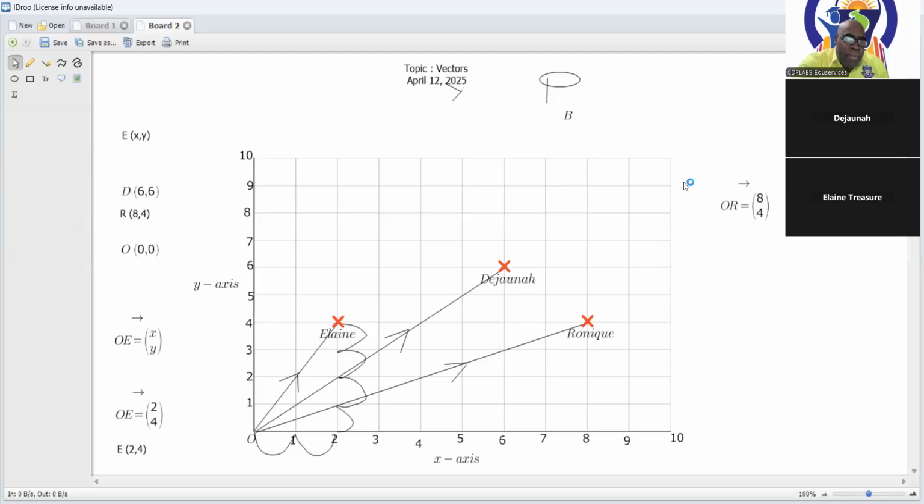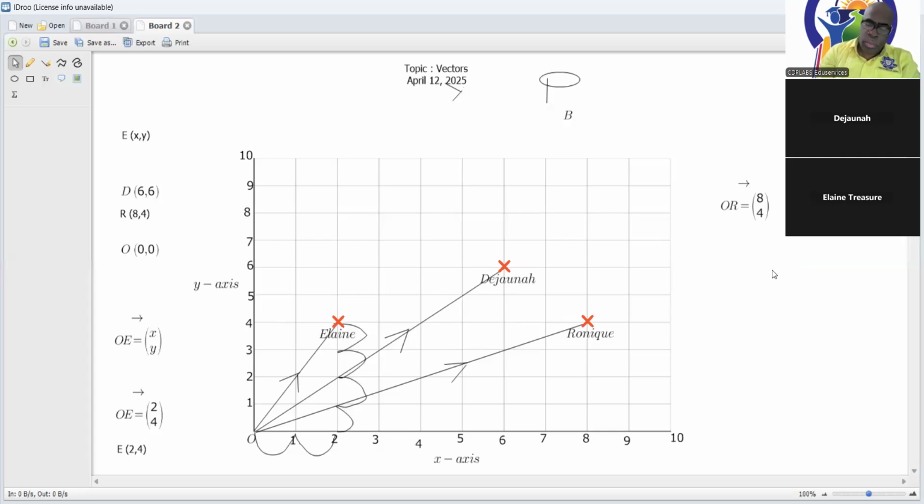And when you tell me the vector, I want you to write it like this in the book first, and then tell me. Then we must follow the arrow, moving from the origin to D.